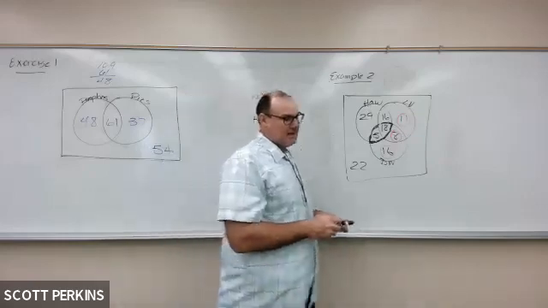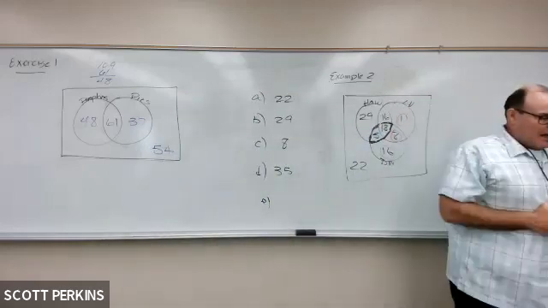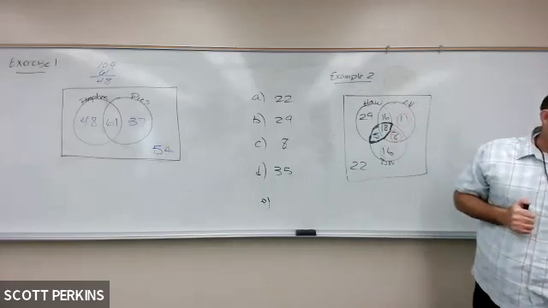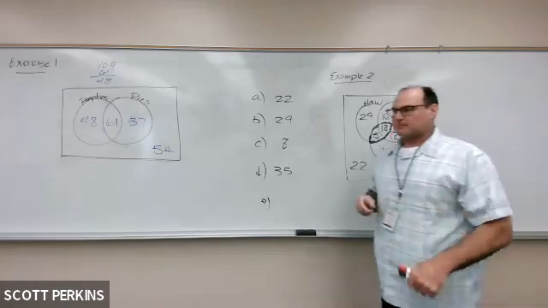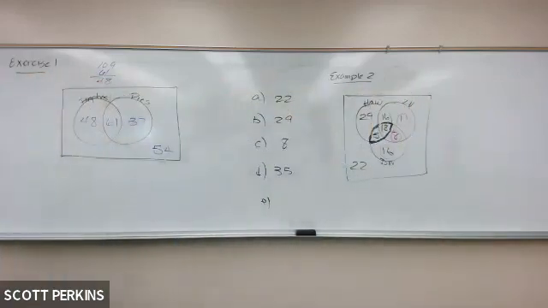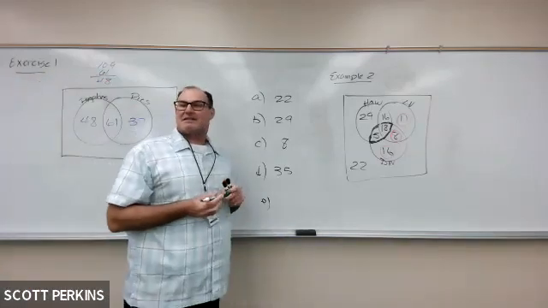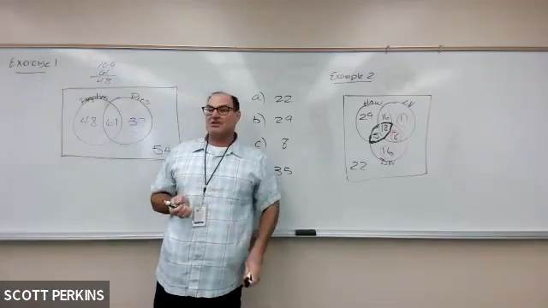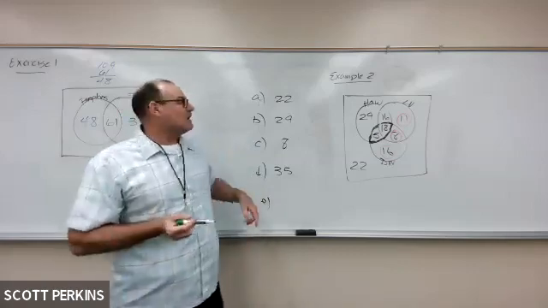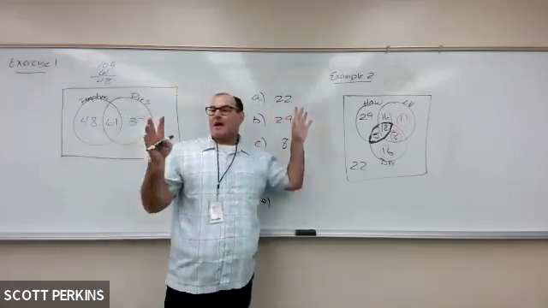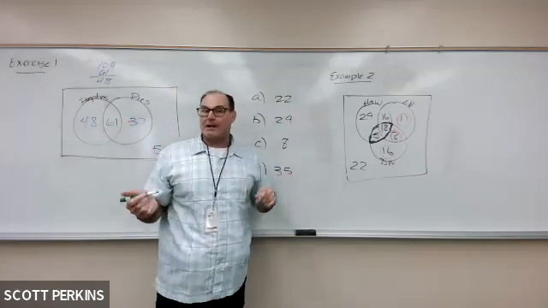And last but not least, the final problem says, how many wish to travel to exactly one place? What numbers represent the exactly ones? It doesn't say what place. It just says how many have in mind the dream of only going to one place. So let's add this up. How many people only want to go to Hawaii?